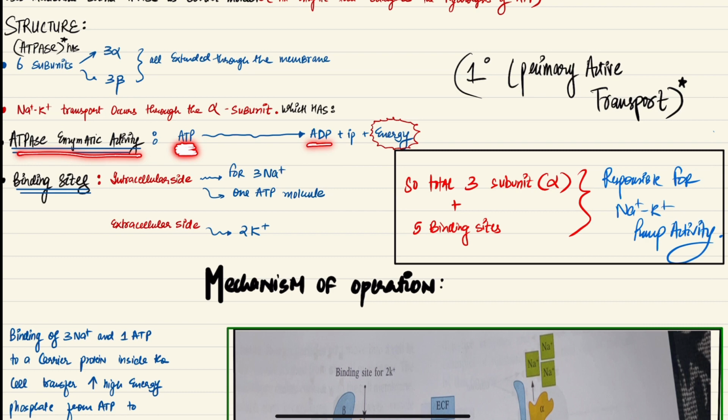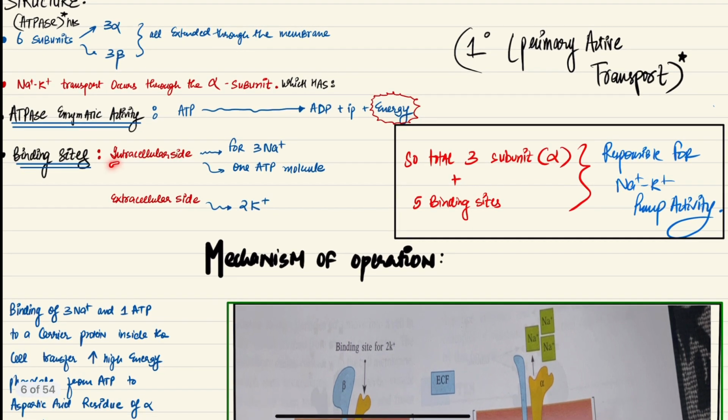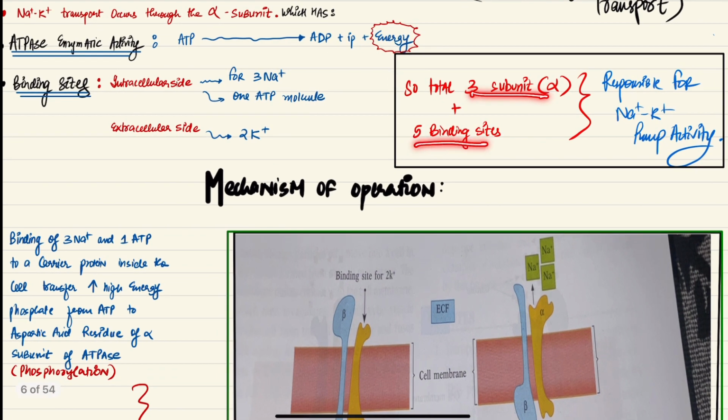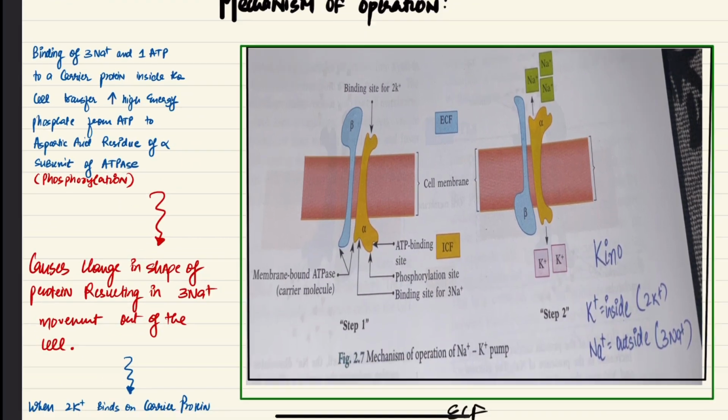ATP will be converted into ADP plus Pi and energy. Next are the binding sites: intracellular for 3 Na plus and 1 ATP molecule, and extracellular for 2 K plus. So there are 5 binding sites for 3 Na plus and 2 K plus.